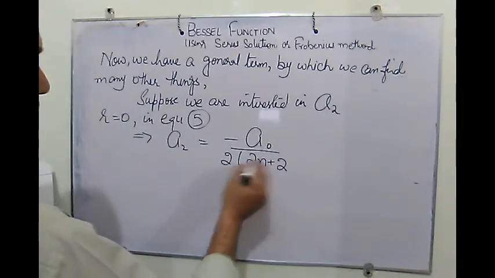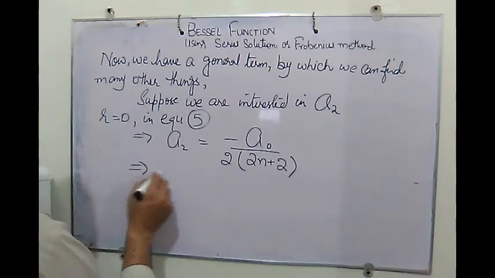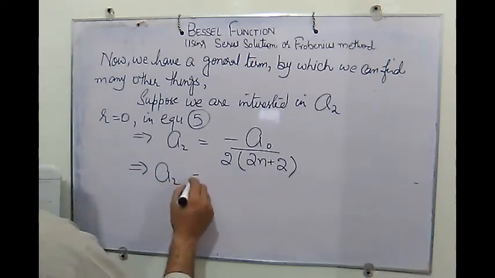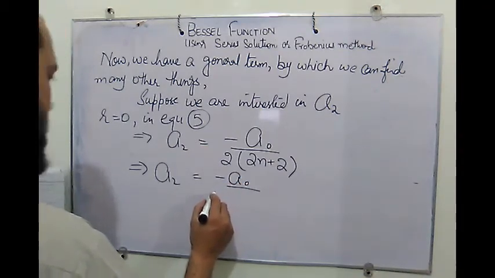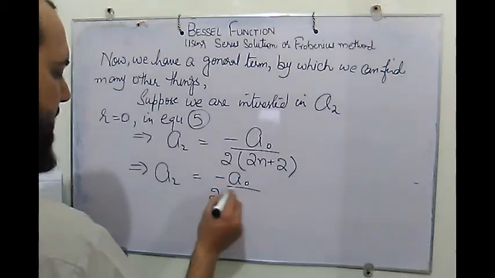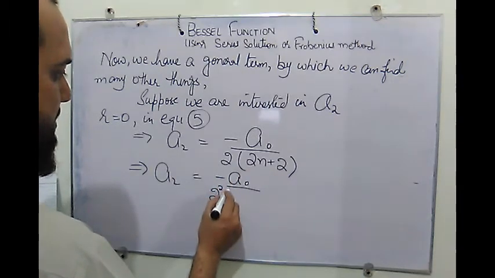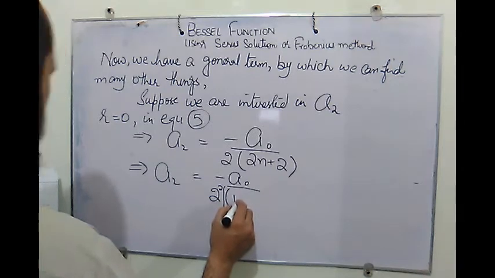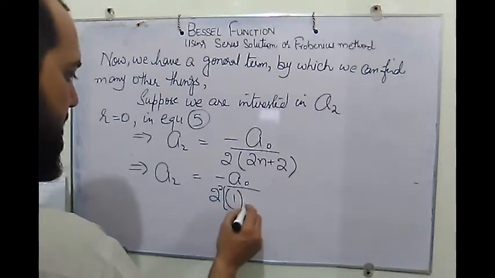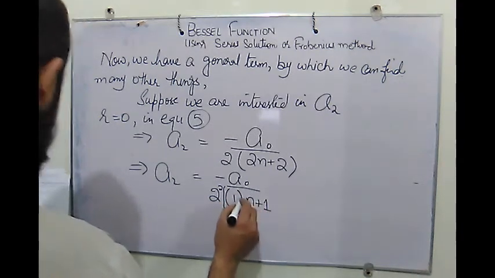If we take 2 common, we can rewrite it as a2 is equal to minus a0 upon 2. If we take 2 common from here, it will become 2 squared, and this one will be 1 into (n plus 1).